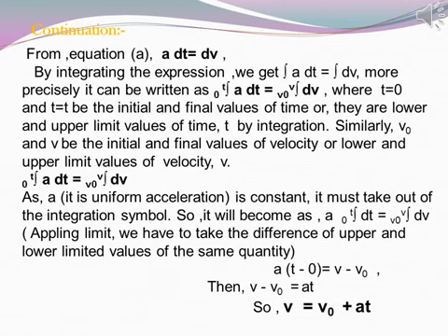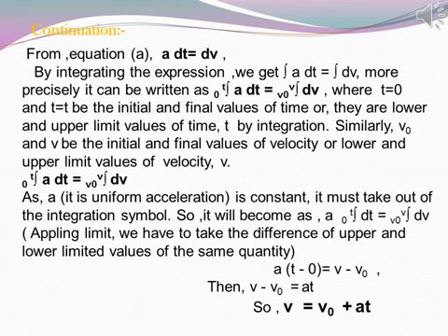More precisely, it can be written as integration from 0 to t of a dt = integration from v0 to v of dv, where t = 0 and t = t are the initial and final values of time, or the lower and upper limit values of time t by integration.